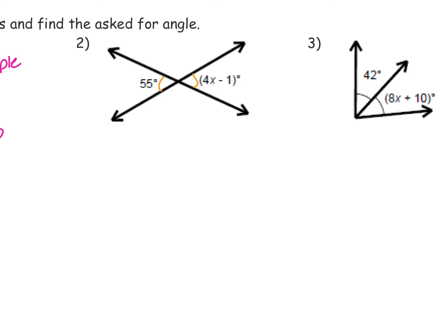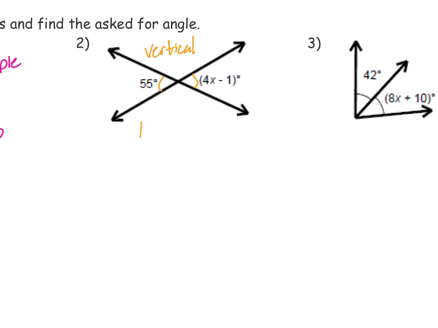Vertical. Nice, Jasmine. Good. They're vertical because they share a vertex, right? The two lines cross and they share a vertex, so they're opposite angles. So does that mean they're equal to each other or that I'm going to add them together and equal some other value? They're equal to each other.